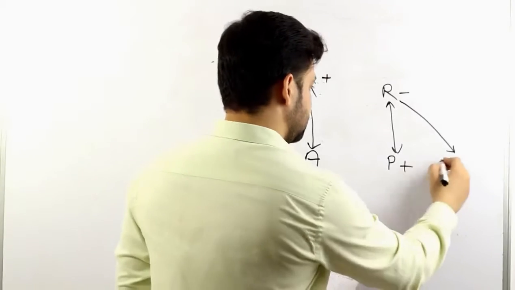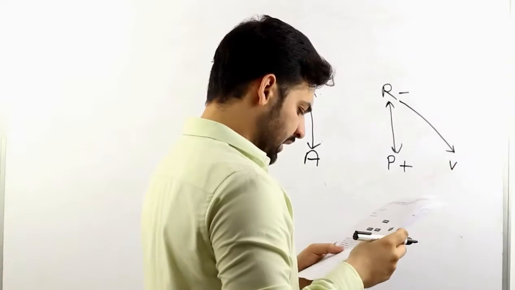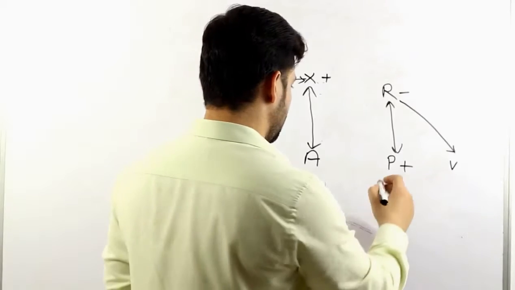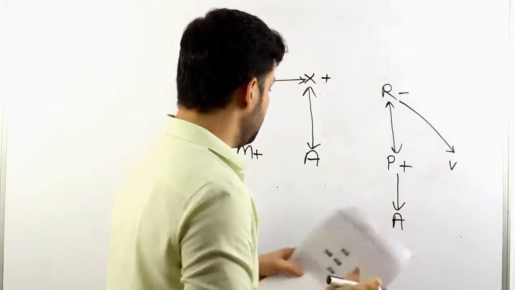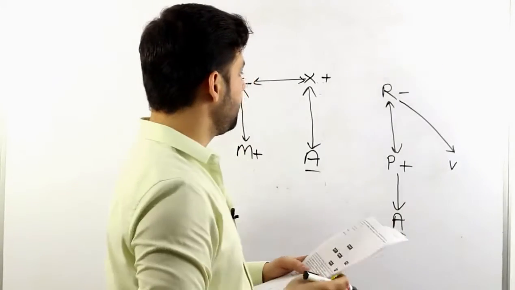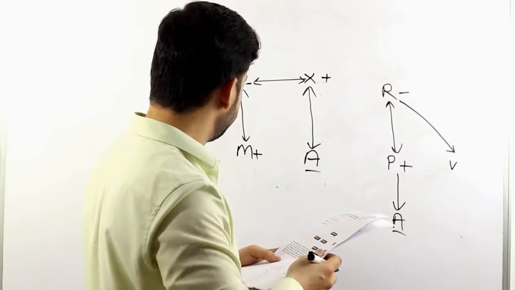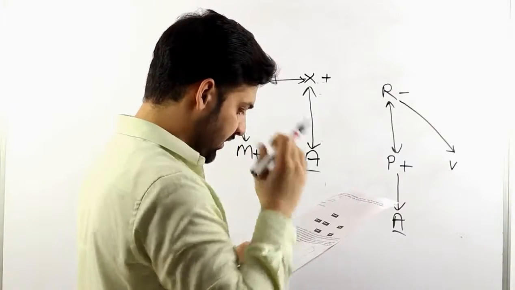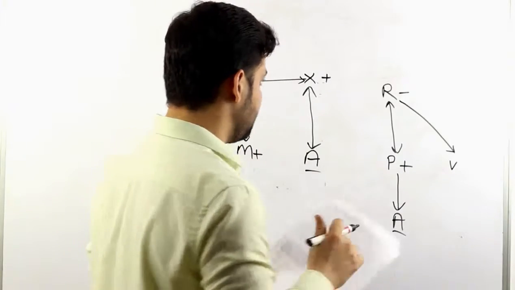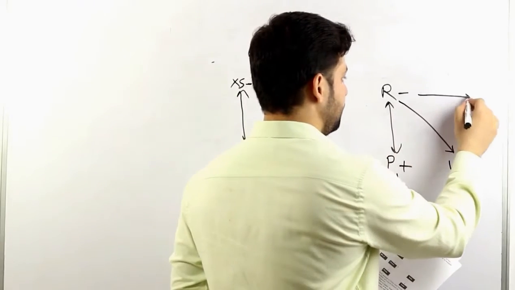Who is the mother of Vikas and grandmother of Arun? Here is Arun, and here is Arun. Reva is the wife of Pranab.